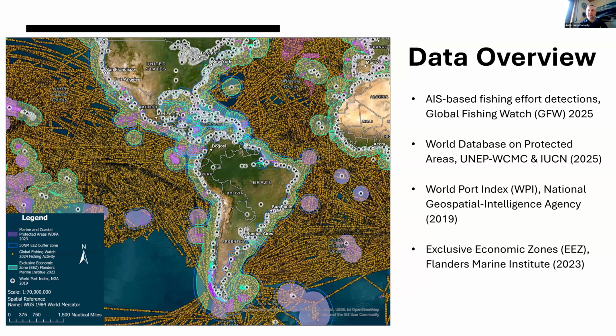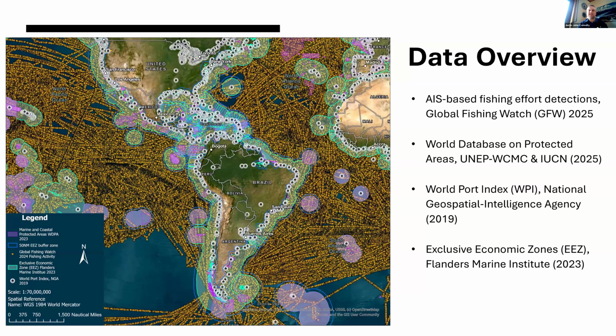And then just a few other data sources, the World Port Index from National Geospatial Intelligence Agency, my organization. The white circles here are simply all of the ports of the entire world that contain a lot of information about the types of facilities at those ports.